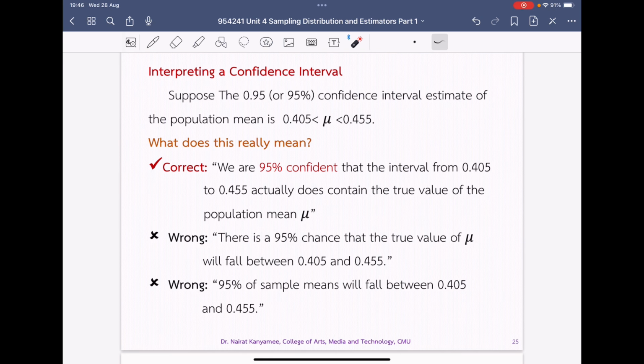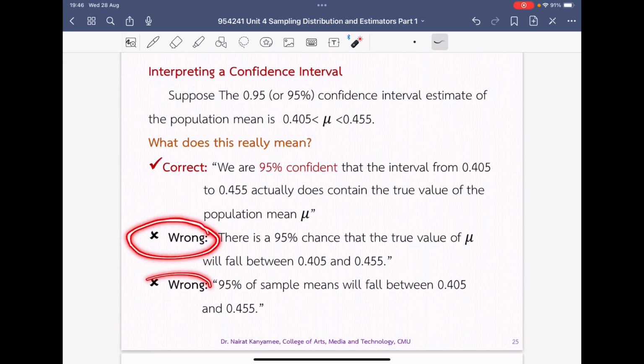This means that we are 95% confident that the interval from 0.405 to 0.455 actually does contain the true value of the mean. We are 95% sure that the population mean lies within this interval. This is the meaning of the confidence interval.